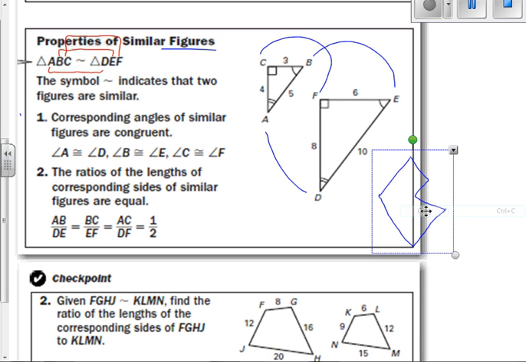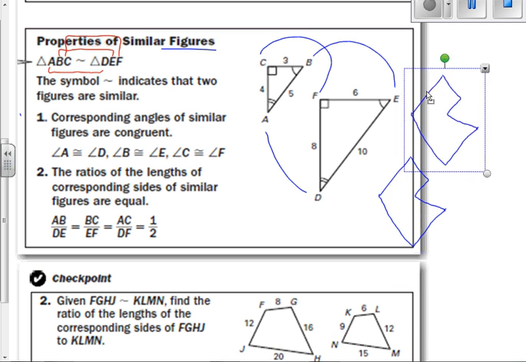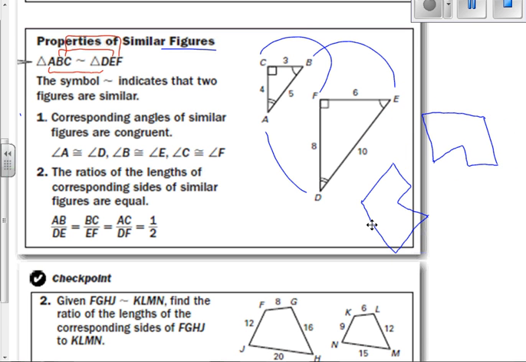Let's see, copy, paste, there you go. So let's say I had those two figures, but let's say that one was rotated. A lot of times you'll see them rotated. So I need to know how to line those things up so I know what corresponds to what. Now, my particular figure, it may be kind of easy to determine, but some of these figures, like in specific triangles, you may not be able to tell. So that's the purpose of this key.